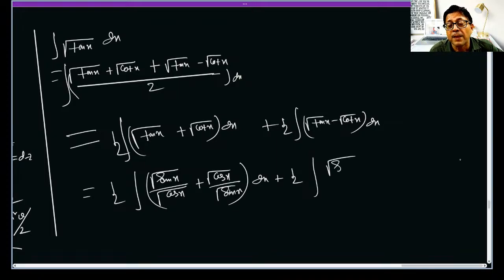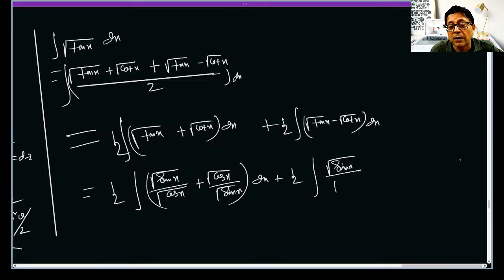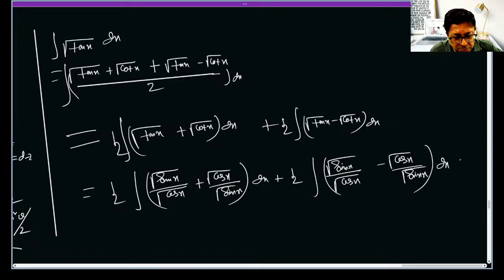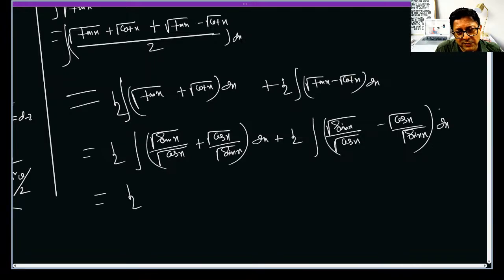This will be root sin x by root cos x minus. I told you I am using my earned experience, whatever.